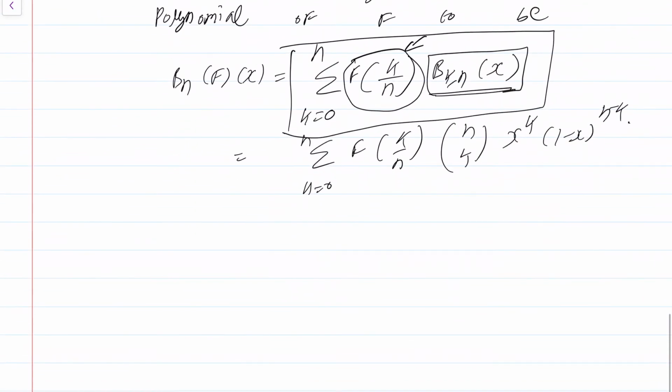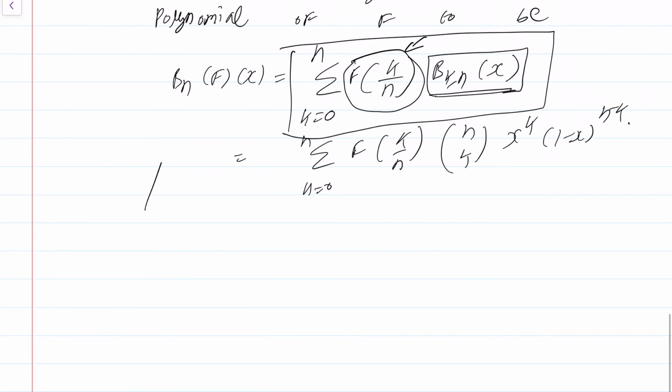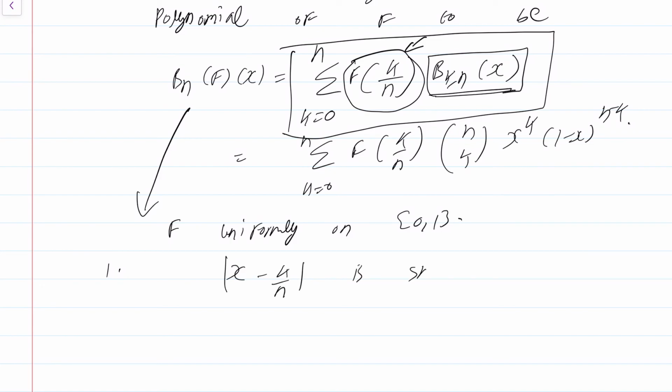So what this discussion suggests is that to complete the proof, we are going to prove that B n f of x converges to f uniformly on [0,1]. That's the aim. What we will do is we will split our analysis into two parts. Number 1, where the modulus of x minus k by n is small, and number 2, where x minus k by n is large.